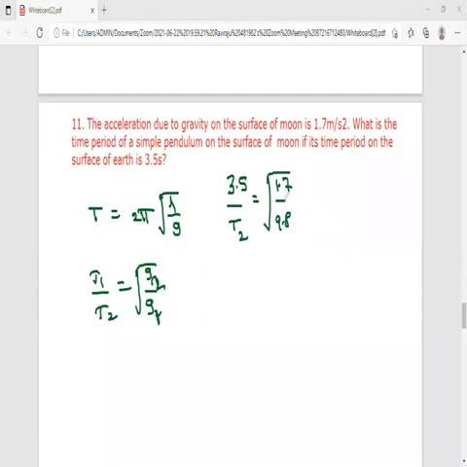Almost we know that it is nearly 6 times only. Then T2 is equal to 3.5 into root 6 only. Okay.